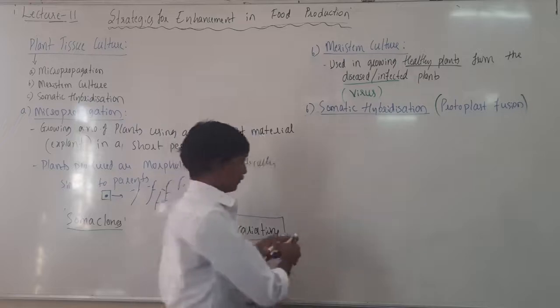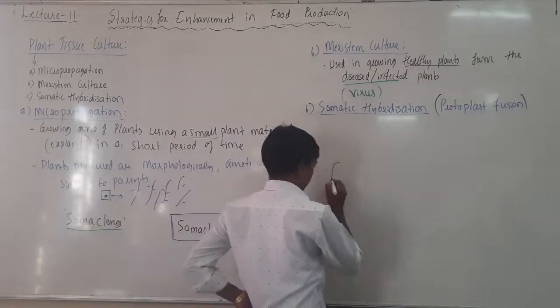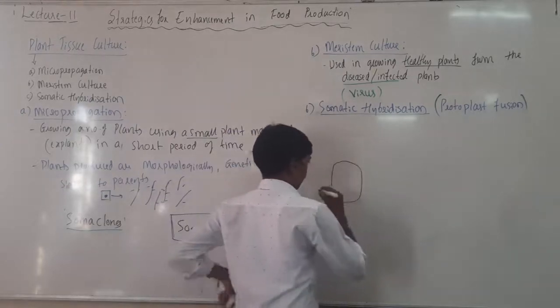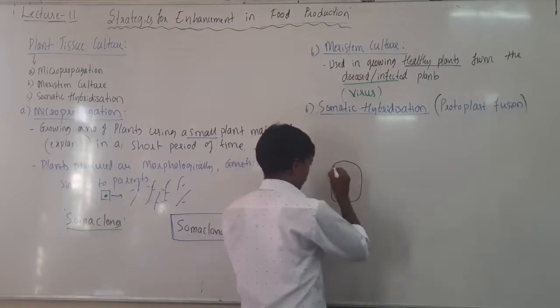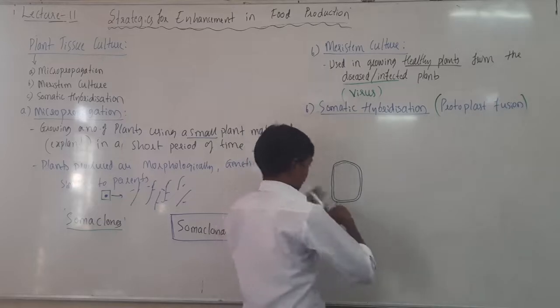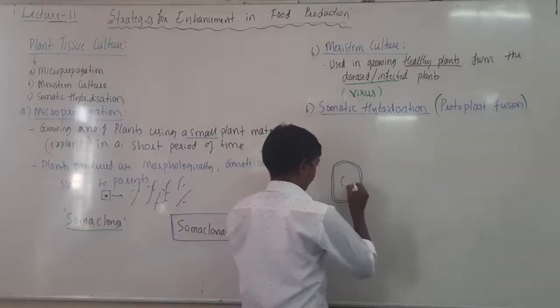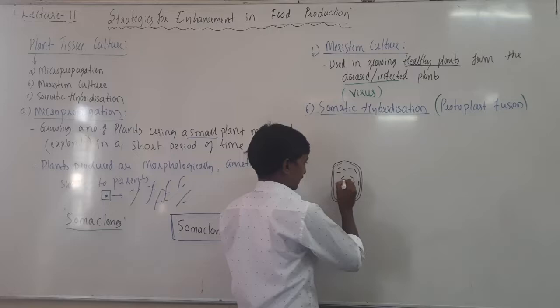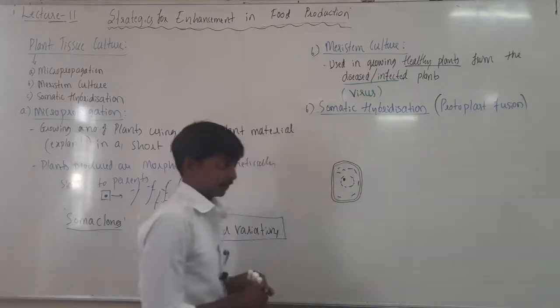We all know that every plant cell has a cell wall, a cell membrane, a nucleus, and many organelles.